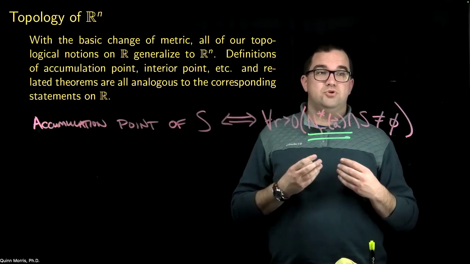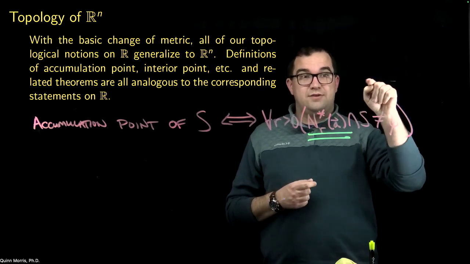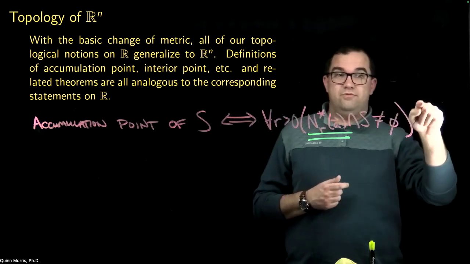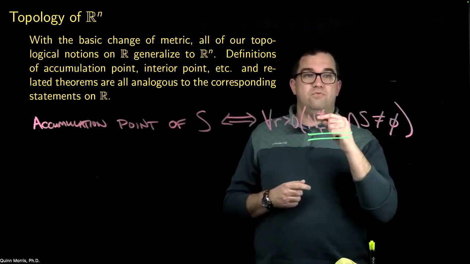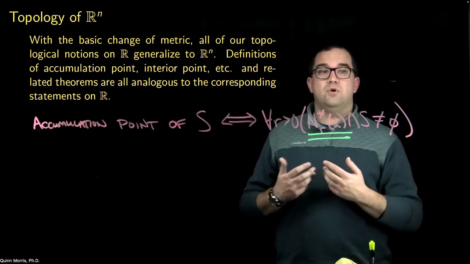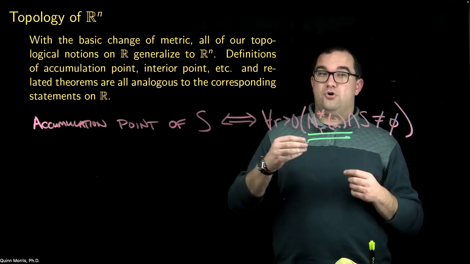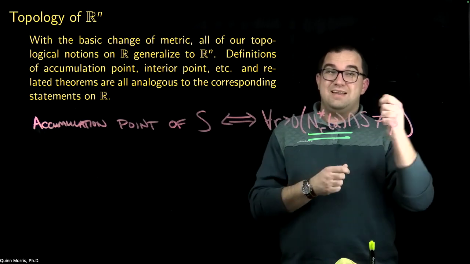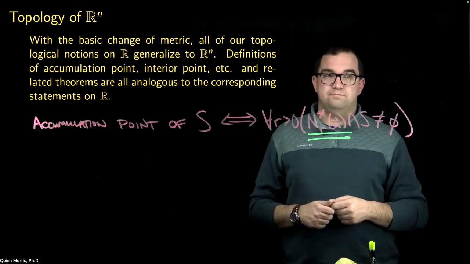I want you to start to recognize what things are vectors and what things are scalars, what things are absolute values and what things are norms. That will be very important in recognizing where proofs can largely be the same and where some special care needs to be taken to ensure that we are correctly proving things, because now this thing that used to be a scalar is a vector, and I need to be a bit more careful.